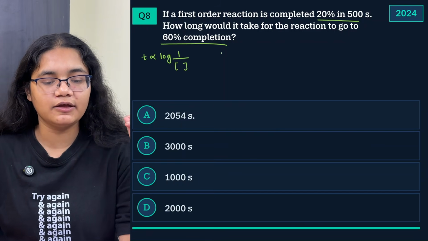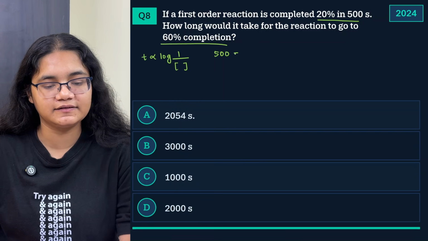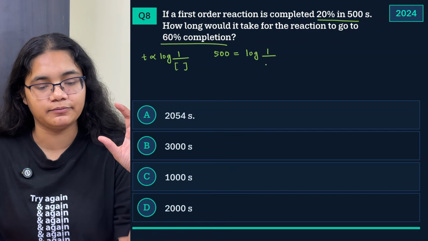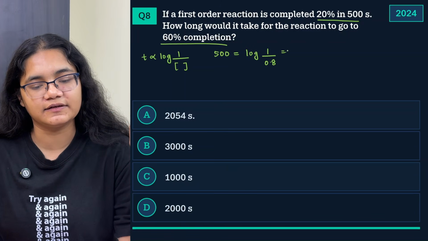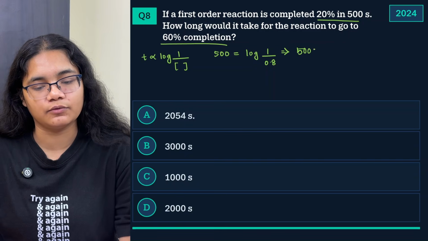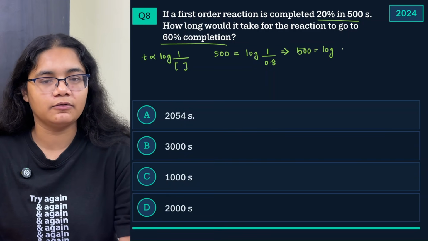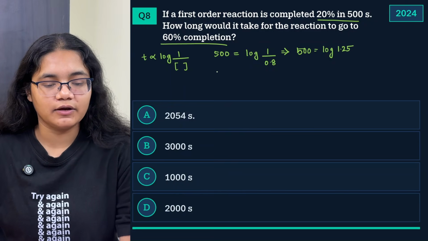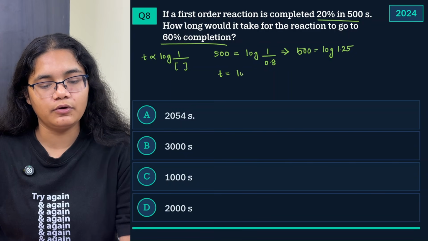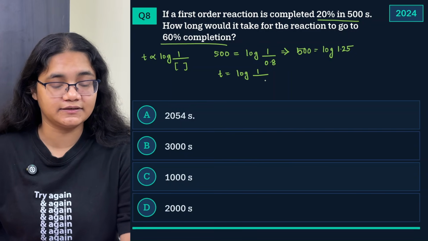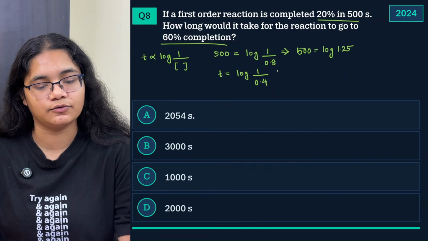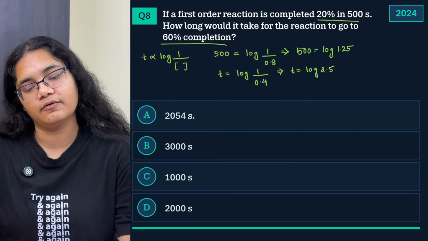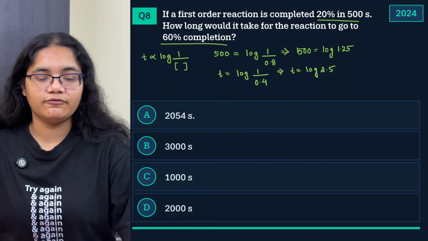So for 500 seconds, that is equal to log of 1 by 0.8, since 20% is completed and 80% is remaining, so 500 is equal to log of 1.25. Next, t is equal to log of 1 by 0.4, since 60% is completed and 40% is remaining, and that gives me t equal to log of 2.5. Now what we have to do is solve this.